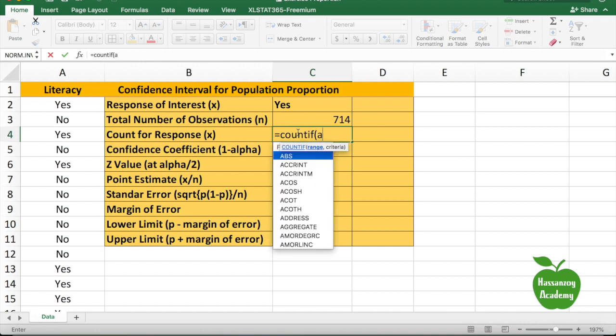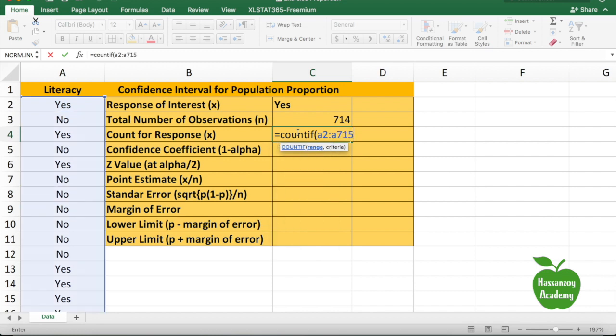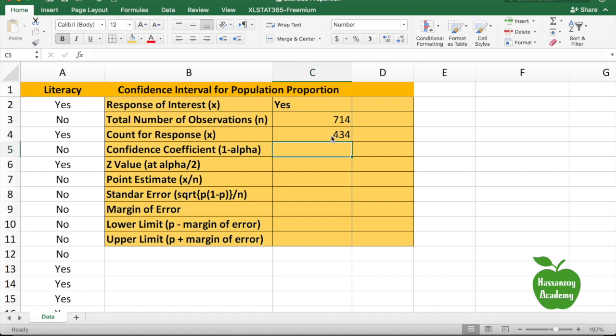Again, we select the range of our data, which is in column A, from row 2 to row 715, and then give the criteria what to count. So we ask Excel to count the responses which are coded as yes, and then press enter. So now we have found out that among 714 farmers, 434 farmers are literate.